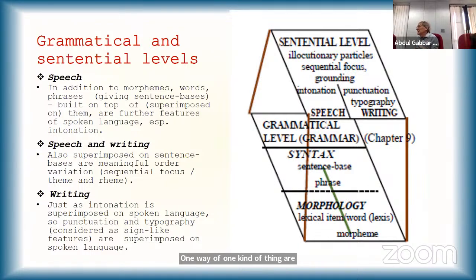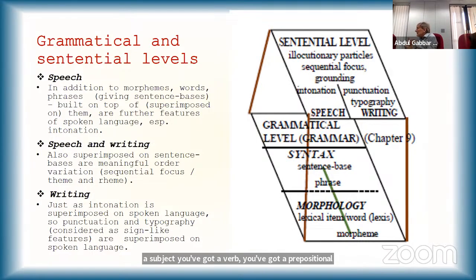And one kind of thing is variation in word order. So if you say, I went to the market in the morning, and you compare that with in the morning I went to the market, or in Arabic, if you look at that from a traditional grammatical view, and I think that's quite a good view, you would say in English, well, you've got a subject, you've got a verb, you've got a prepositional phrase dependent on that verb.